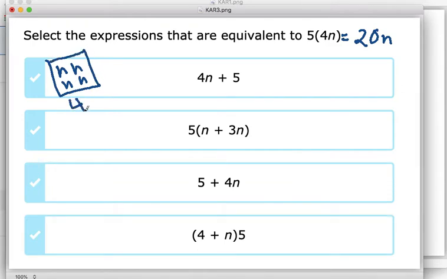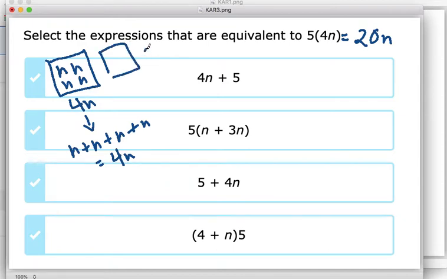That's 4 groups of it. That's 4 n's right there. This 4n is also the same as n plus n plus n plus n, which is 4 n's. But now we've got 5 groups of them. 5 groups of 4 n's.